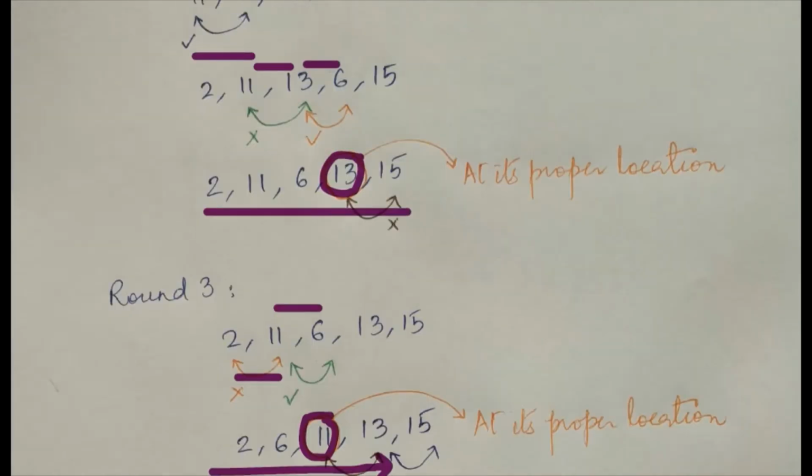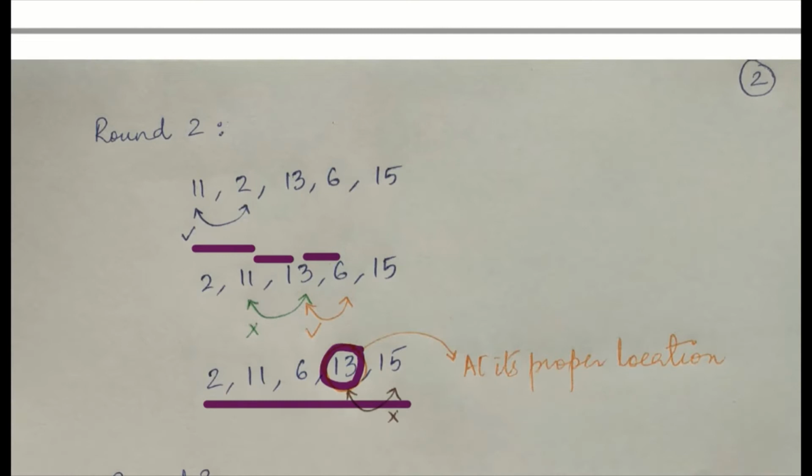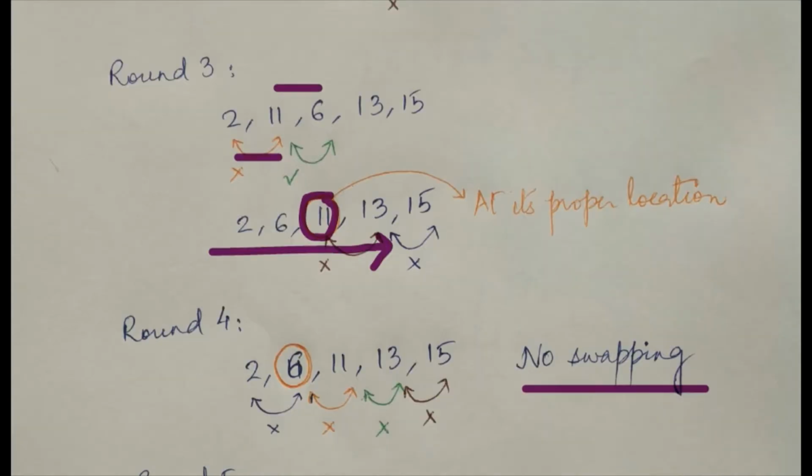The other one is, I told you that at the end of every round, in case of ascending order, the maximum element reaches its proper position. In the second round, the second maximum 13 reaches its proper position. In the third round, 11, which is the third maximum, reaches its proper position.